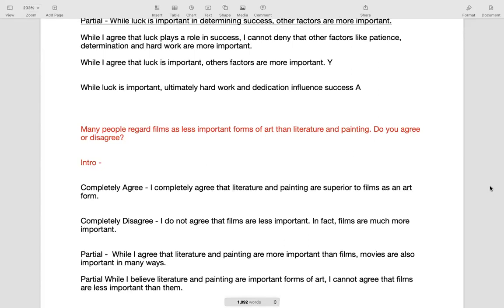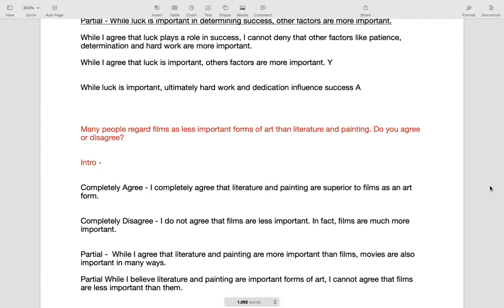Very good. I care about how many people are affected and influenced. Literature and painting influence a lot fewer people than movies. That is why the government also takes the help of movies when it wants to send messages. So I believe films have a much wider audience, and that is why they are much more important.